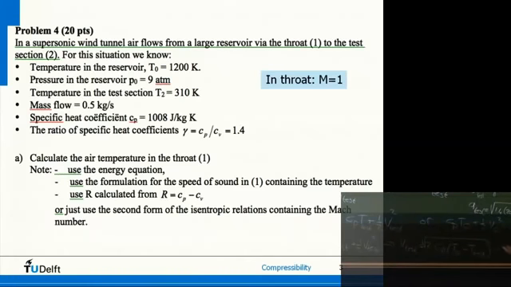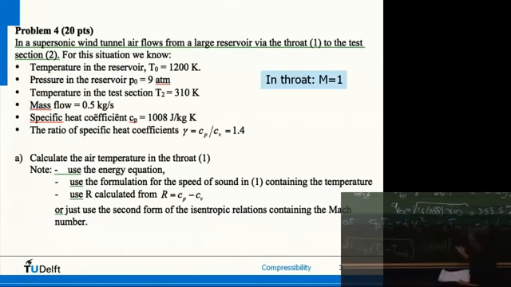So that is equal to 2 times Cp is 1008, T0 is given there, it's 1200 Kelvin, and T test is given, 310. Square root. And then we find 1,339.5 meters per second.